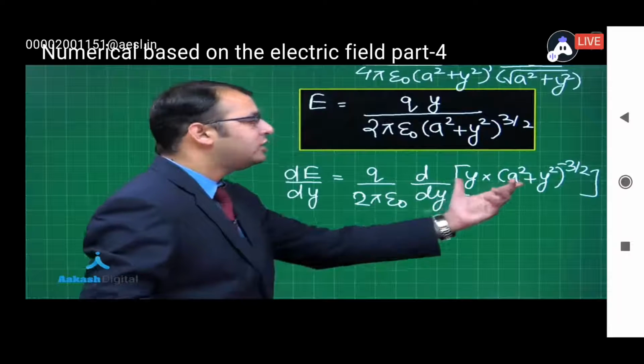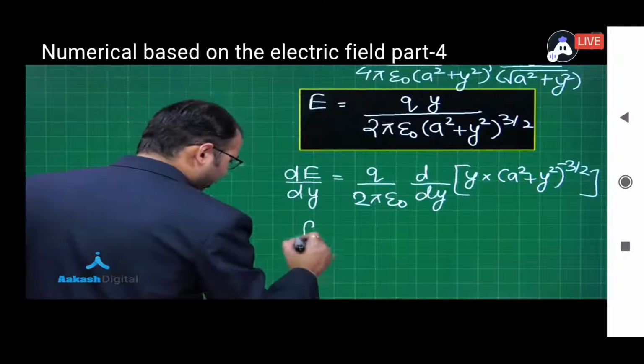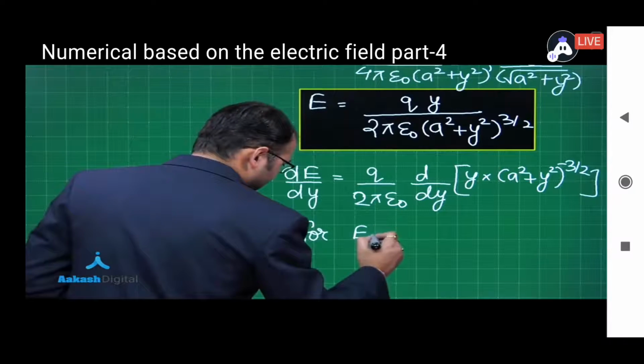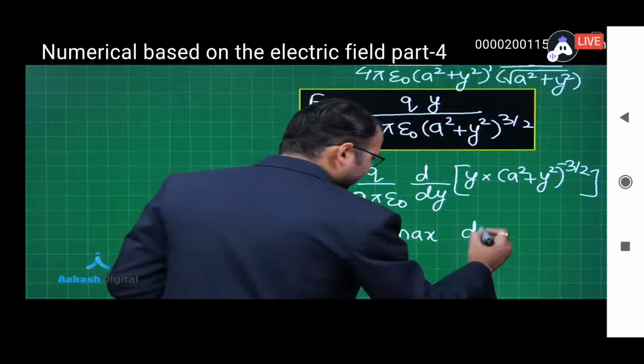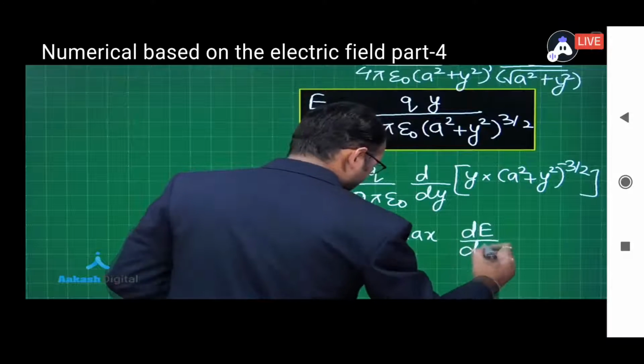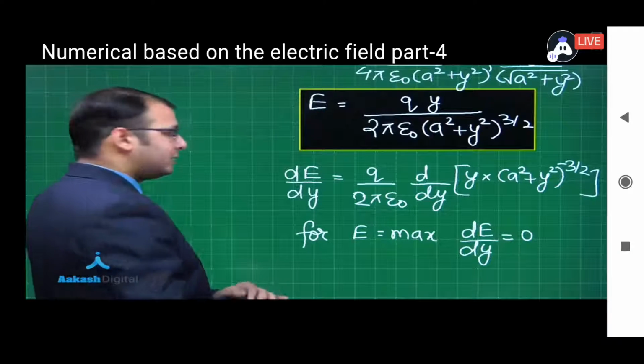This is in a into b format, right? Now I'll say for E to be maximum, dE by dy at this given point is 0, right?